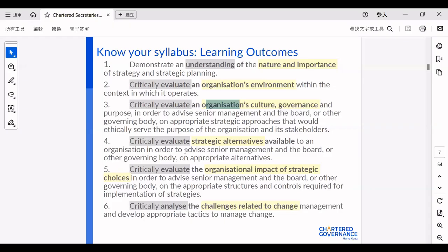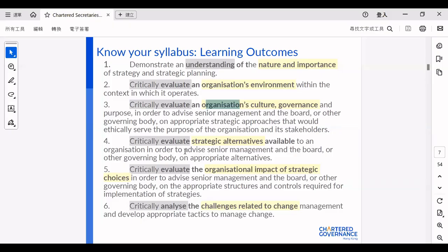Now, outcome four requires you to have a comparative assessment of the different options that are available, with some justifications. You have to justify these different options and give a recommendation for the decision makers.